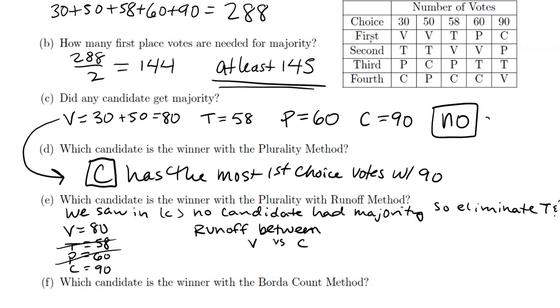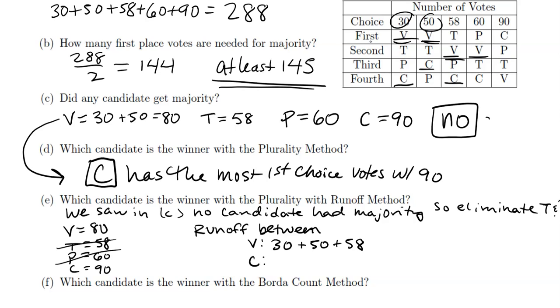We're going to go column by column and award those totals. I'm actually just going to choose to write that the other way, so we'll do V and C. In the first column, we're just looking at who's preferred. V versus C, V is preferred, so they get 30 votes. In the second column, V is preferred again, so they get 50 votes. In the next one, V is preferred again, so V gets those 58.